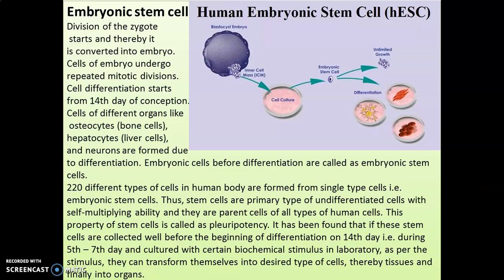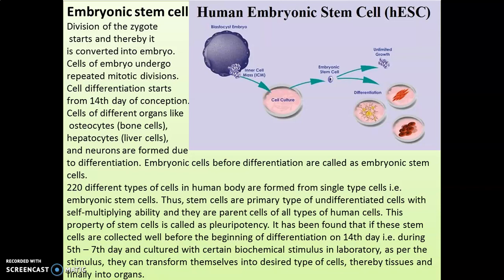So these are the primary types of undifferentiated cells with self-multiplying ability, and they are the parent cells of all the human cells. Okay, so these embryonic cells undergo mitosis, they multiply themselves, and thus they form the maximum cells in the human body. And this property of stem cells is called pluripotency.